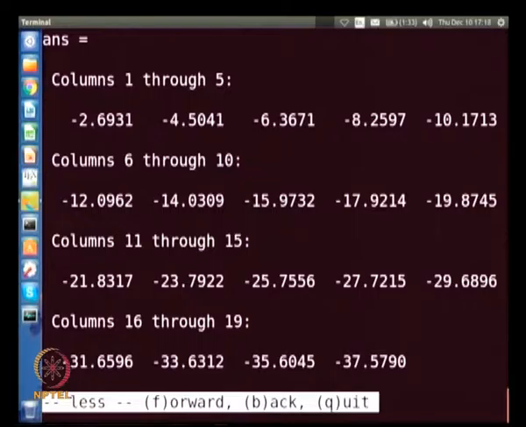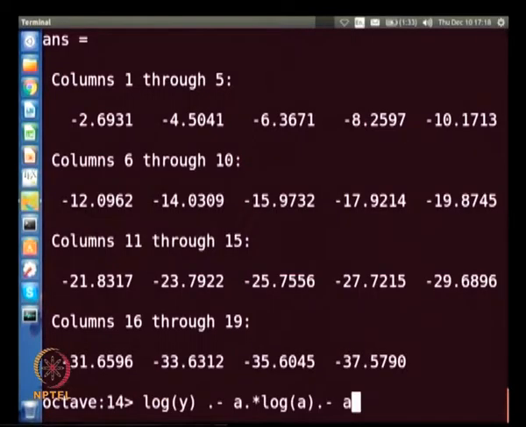So, what did I plot? Logarithm of n factorial minus a log a minus a. This is the approximation. So, now let me take this quantity and divide by logarithm of factorial of a.